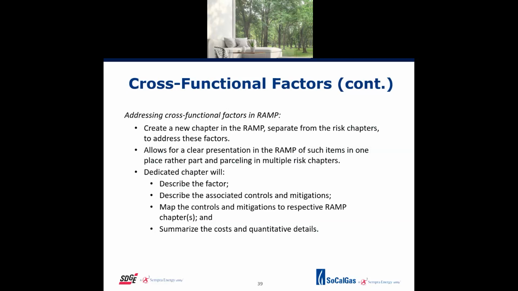These cross-functional factors like climate change, emergency preparedness, those kinds of factors do have a bearing on what you might want to propose in your wildfire mitigation plan. And how are you going to address that there, if at all? That's just something that I'm curious about.